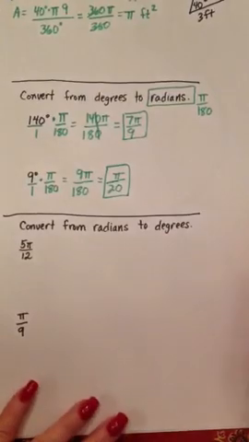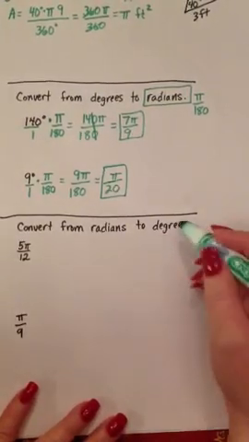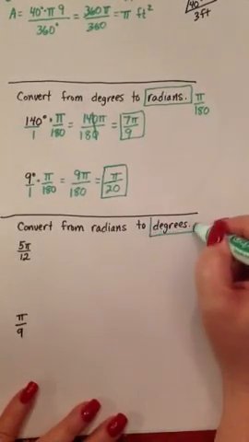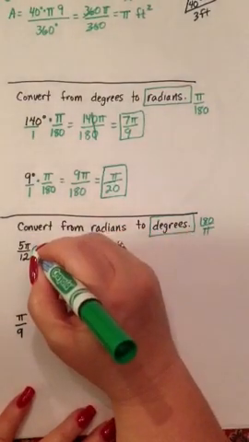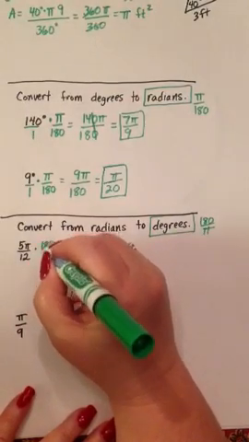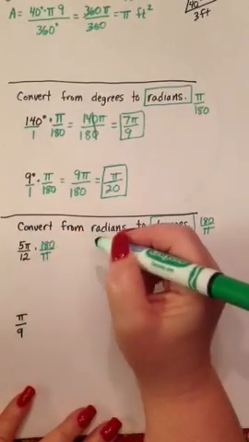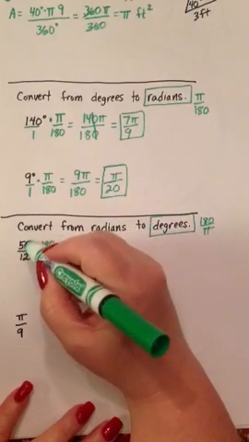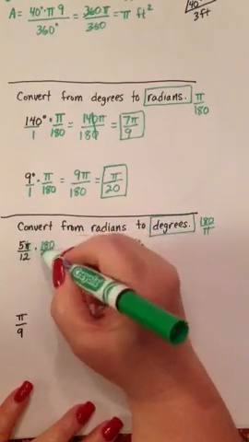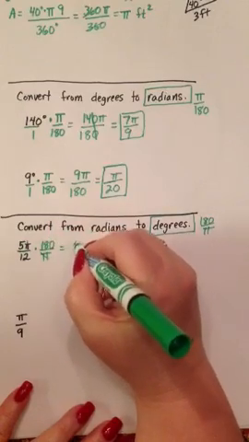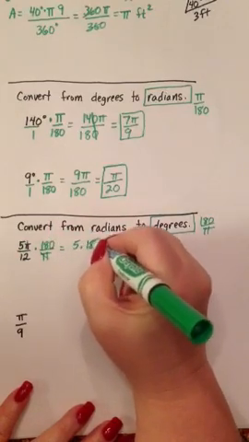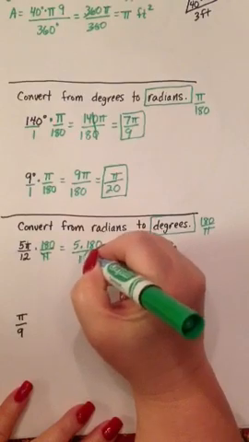The next little section is they ask us to convert from radians to degrees. So I'm going to multiply by 180 over pi. So I'll just go times 180 over pi. So first thing, the pi's cancel. And so I have 5 times 180 divided by 12.